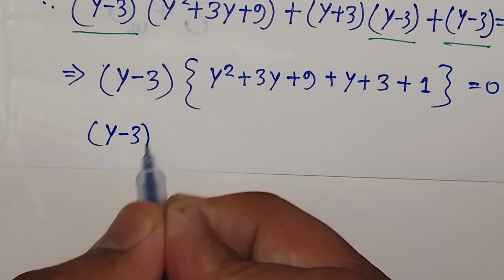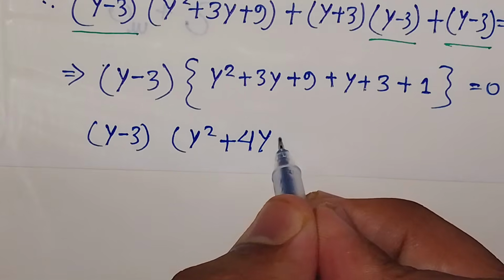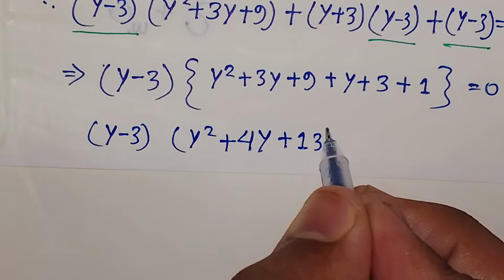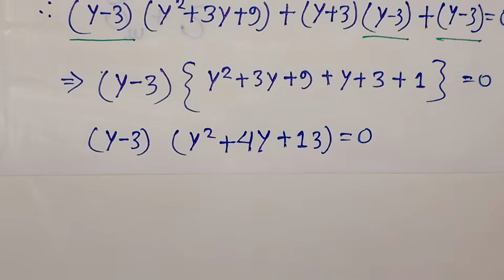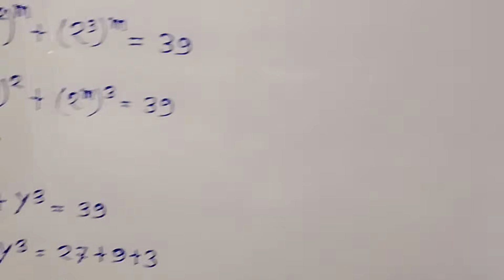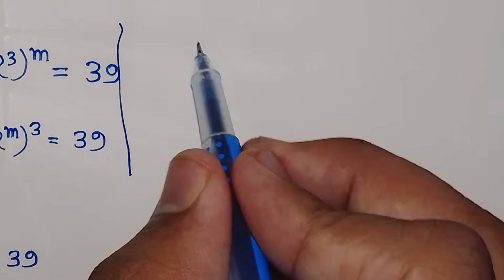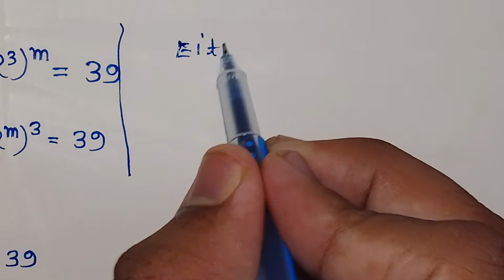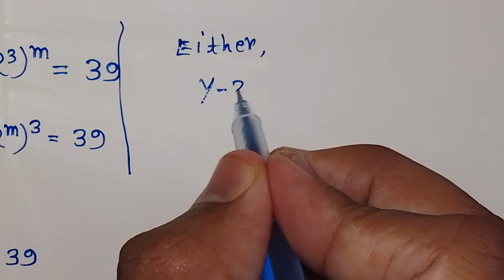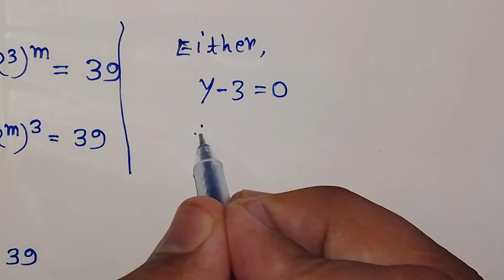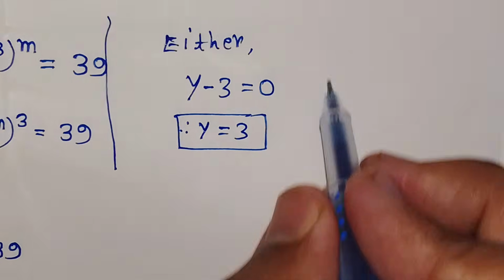Now y minus 3 bracket y squared plus 4y plus 13 is equal to 0. We just take the equation and write it with simple mathematical rules. After here we get y minus 3 is equal to 0. So the value of y is equal to 3.